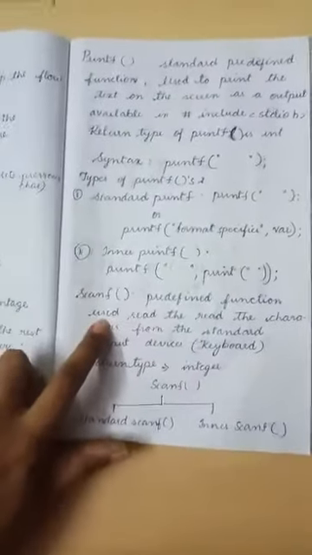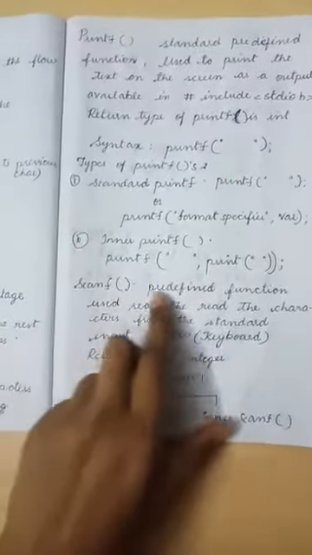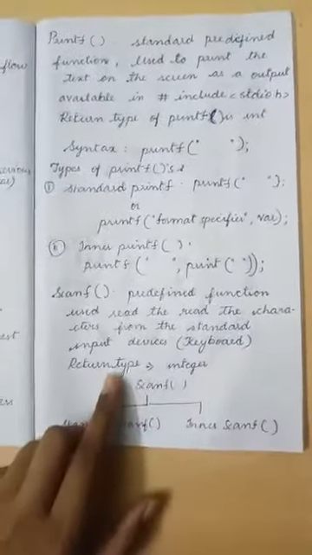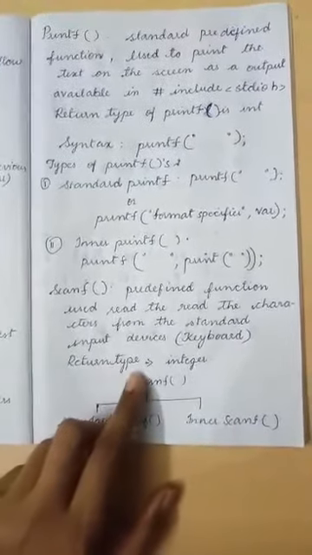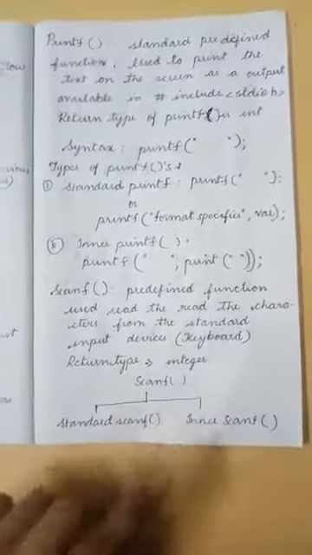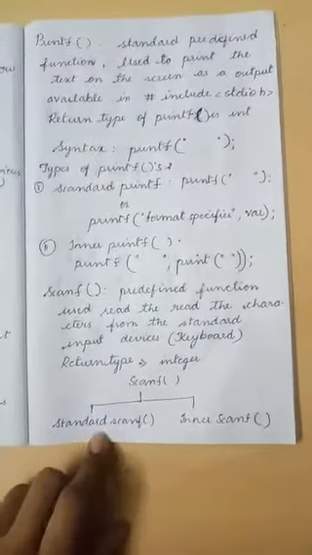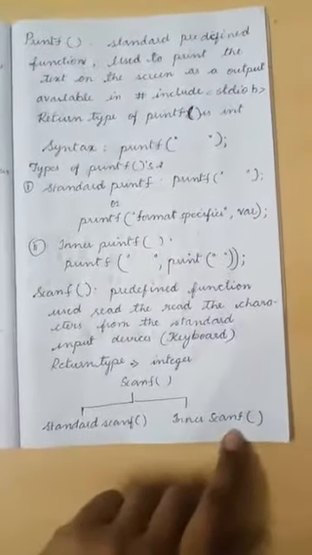Coming to scanf. It is a predefined function used to read characters from standard input devices, for example the keyboard. The return type for scanf is integer, same as printf. Same as printf, we have two types of scanf: standard scanf and inner scanf.